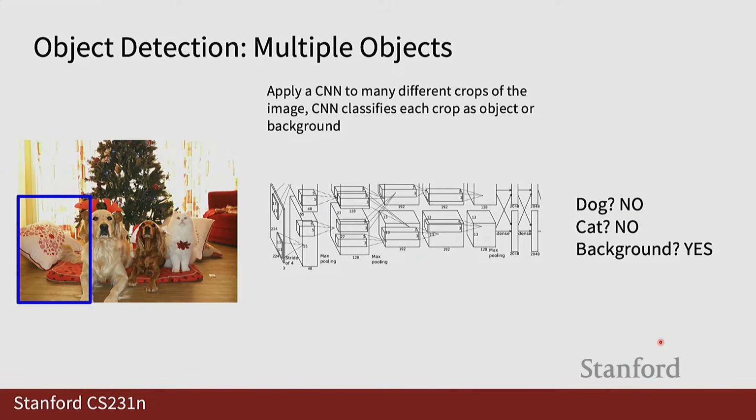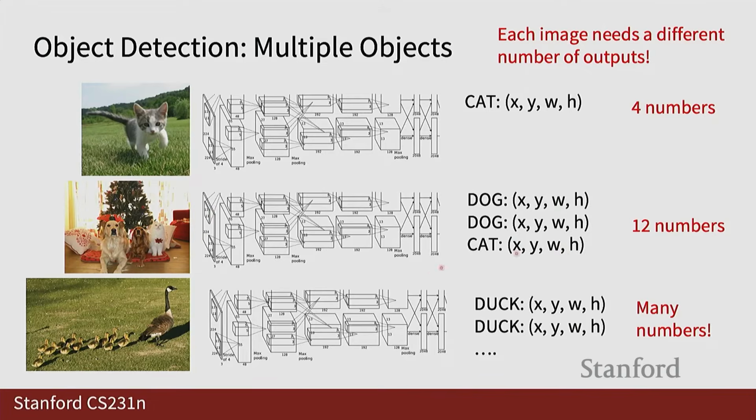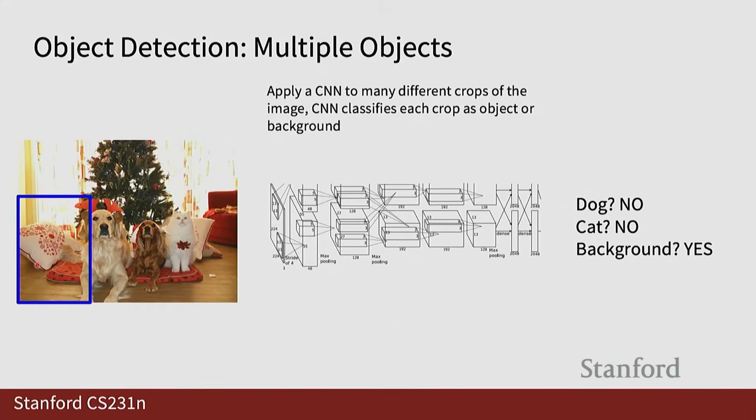So when there are multiple objects, one solution is, instead of getting the entire image as the input, why not look at bounding boxes? For each bounding box, we can say we only have one label, whether it's a cat or a dog or the background, right? And if I have this way of classifying each of the bounding boxes, I can do a sliding window.